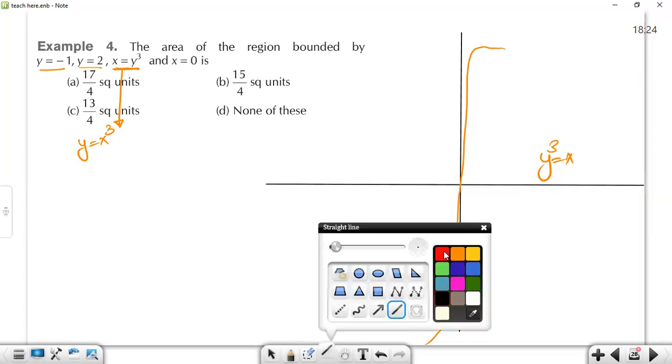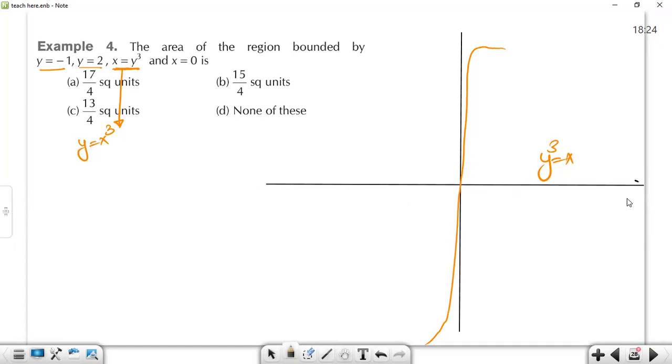Okay, now drawing the straight line y equals 1. So let me draw. This is positive x, this is positive y, and y equals minus 1 will be here, y equals plus 1 will be somewhat here.